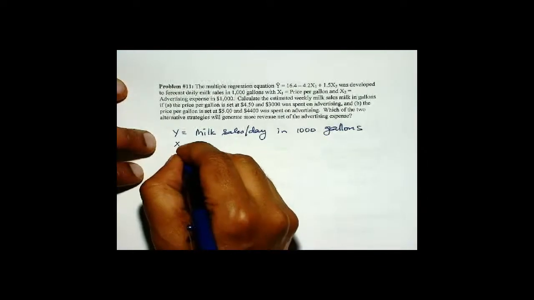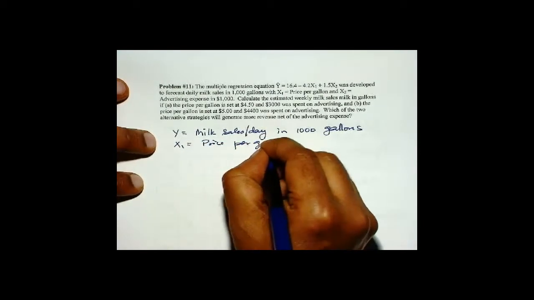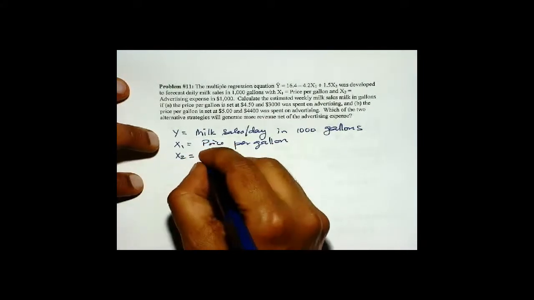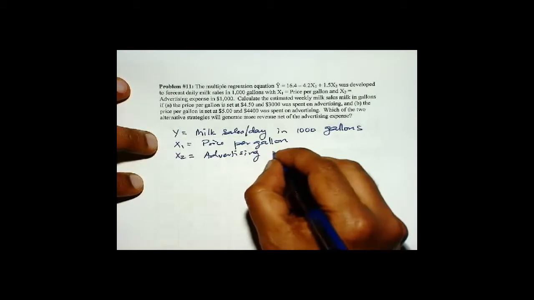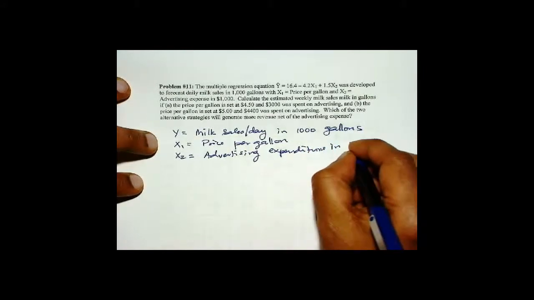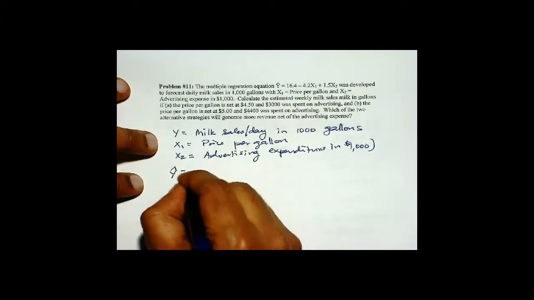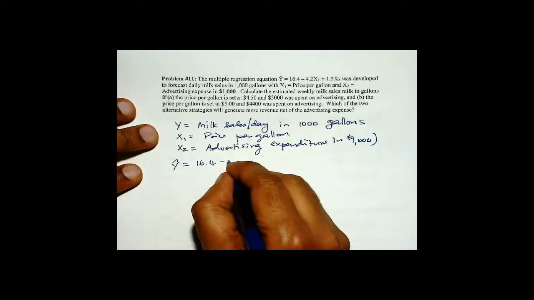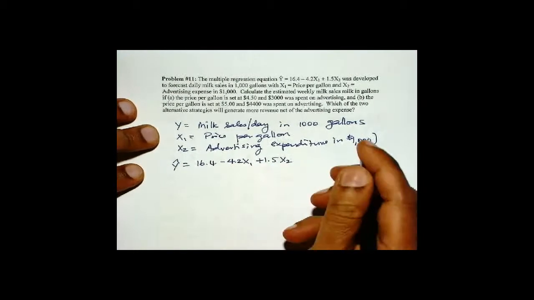X sub 1 is price per gallon, and X sub 2 is advertising expenditure in $1,000, and y hat is given as 16.4 minus 4.2 x sub 1 plus 1.5 x sub 2.